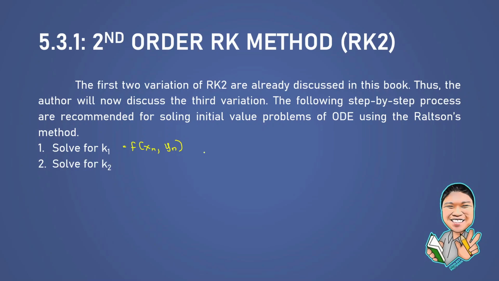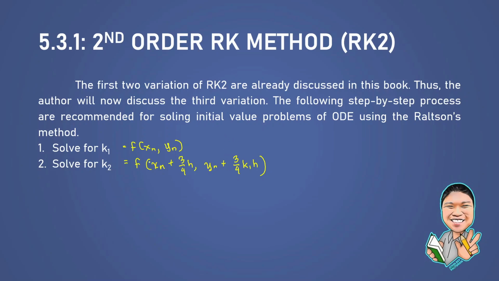Then, yung step 2 natin is to solve for k sub 2, which is equal to f of x sub n plus 3/4 h. 3/4 ba yun? Check ko lang. So, yes, 3/4 h. Tapos, y sub n plus 3/4 k sub 1 h. So, ito yung ating formula doon sa ating Ralston's method.